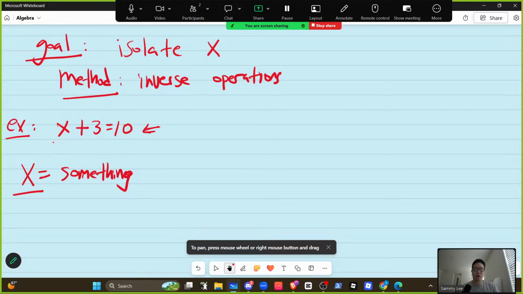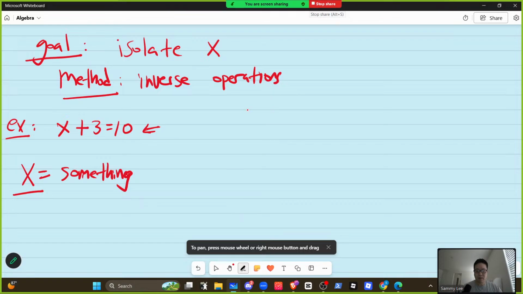We're adding 3. So what would be the inverse operation of that? Meaning, what would be the opposite operation of plus 3? Subtract 3. Subtract 3, okay? So if I'm adding 3, the inverse operation would be minus 3. If I'm subtracting 3, what would be the inverse operation of that? Adding 3.